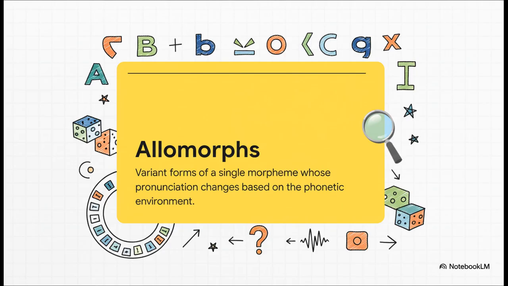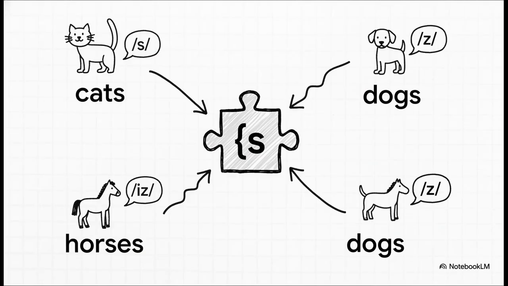It's the exact same morpheme with the exact same meaning, but it changes how it's pronounced just to better fit the sounds around it. The plural S is the classic example. Just listen. Notice how it sounds like an S in cats, a Z in dogs, and an iz in horses. 3 totally different sounds, but they're all just allomorphs of the exact same morpheme that means more than one.